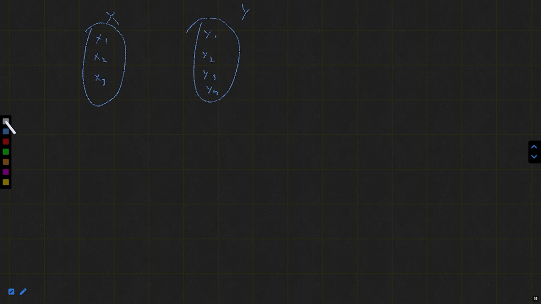First of all, it is a function, so every element in set X must have one and only one image in the set Y. So just associate them like this, now like this, and like this. So it satisfies all the conditions to be a function. So it is a function, legit.